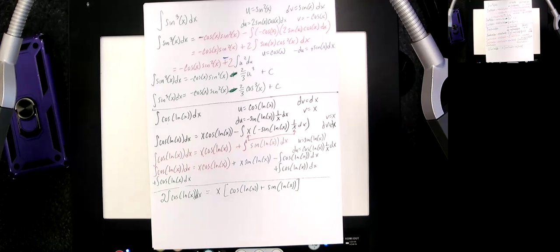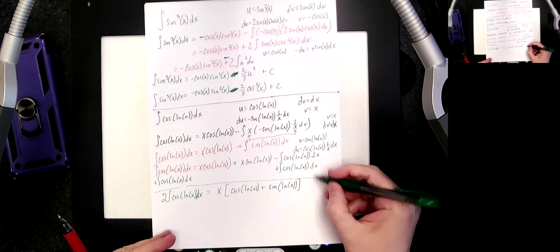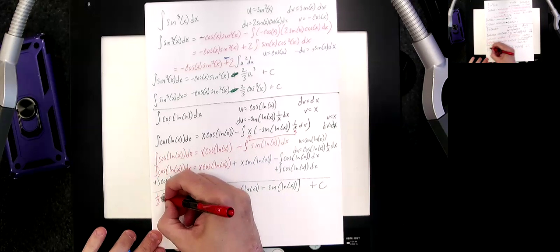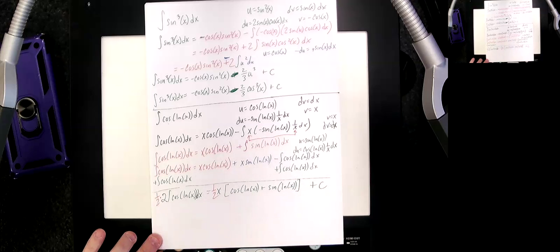I don't know that that helped since I had to add in parentheses. I don't think I made it any shorter by doing that. We'll have our plus c. We multiply by the 1/2 on both sides. And we get what we had before.